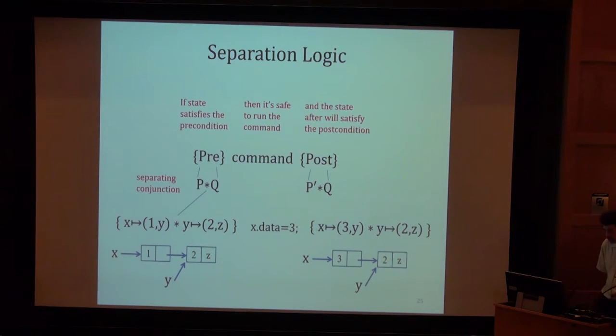Notice also that between the two heaplets there's a dangling reference. If you consider just this heaplet by itself, x maps to 1, y, which is just this guy, there's an out pointer that points outside of this heaplet, and that's perfectly all right.